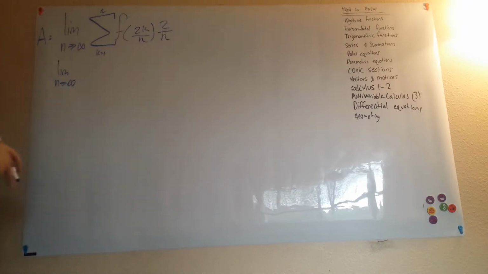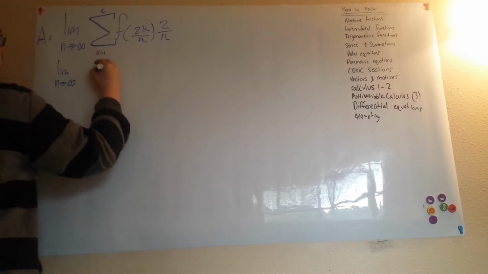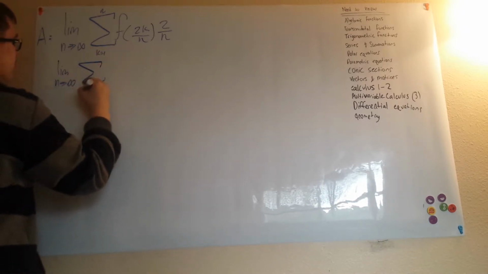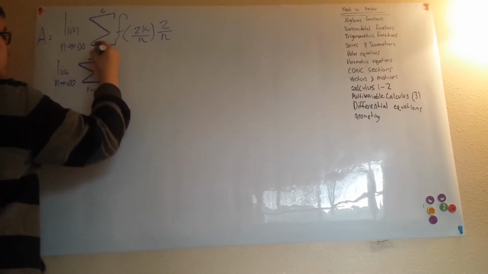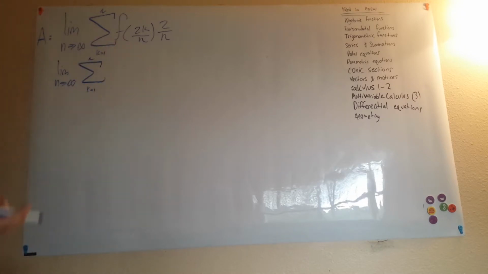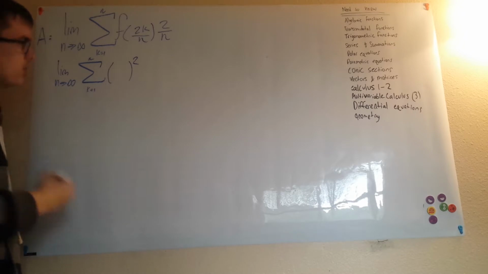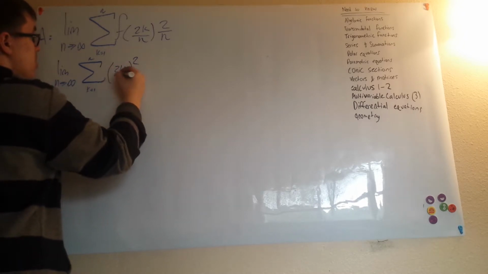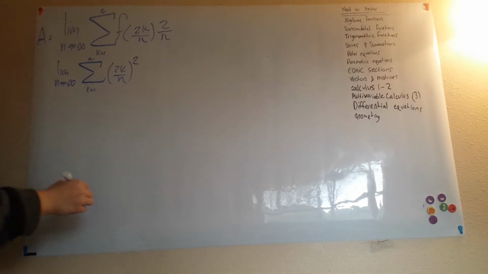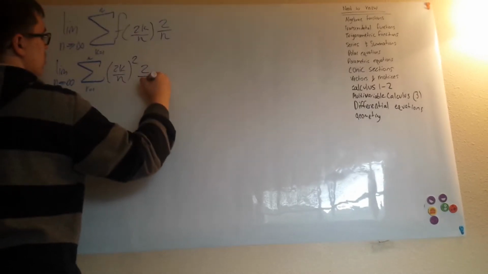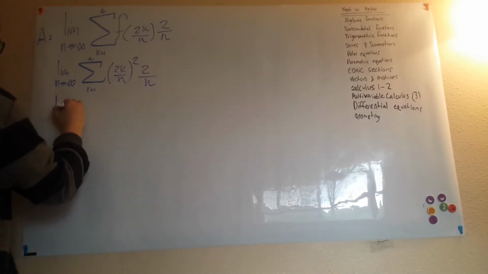Let's take f of 2k over n. So we still have a sum from k equals 1 to n. What is f of 2k over n? Well, it's the square function, right? So it's 2k over n squared times 2 over n. We can clean that up a little bit.